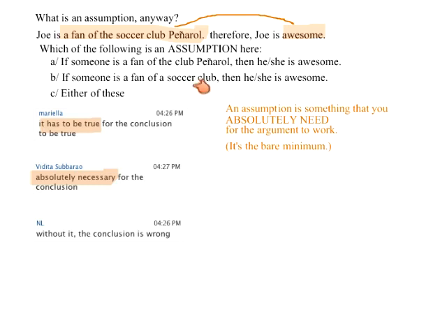So this is certainly not something that has to be true, and in all probability, the speaker probably thinks it is false. So be careful with that. Again, A is something that we clearly need. B is something we don't need, and the speaker is almost certain to think that it's not true.